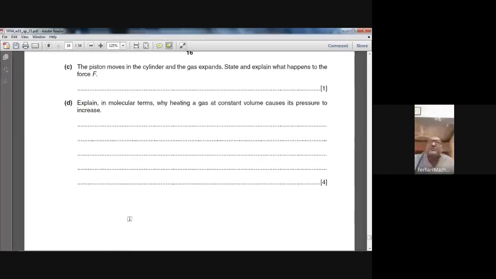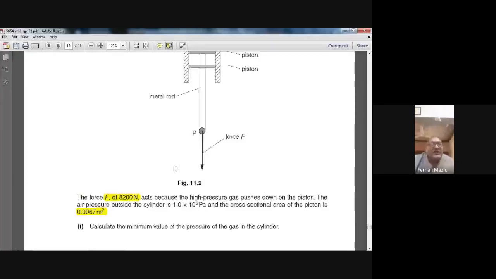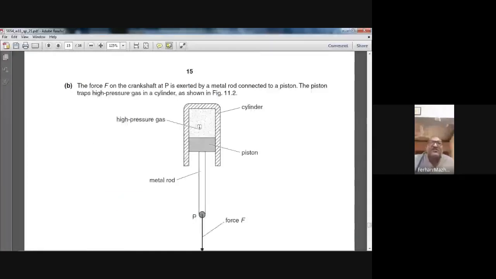When this piston goes down, the volume of the gas will increase. When the volume increases, the pressure of the gas will decrease. When the pressure of the gas decreases, then the force which is exerted on this piston by this gas will also decrease.